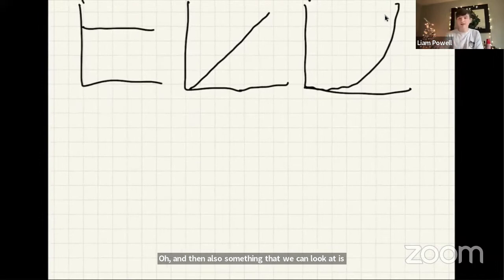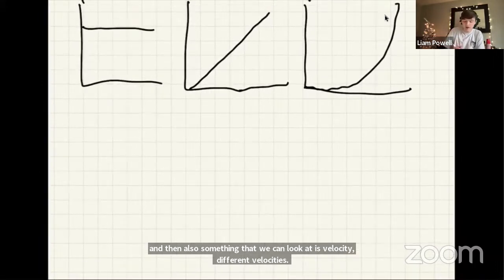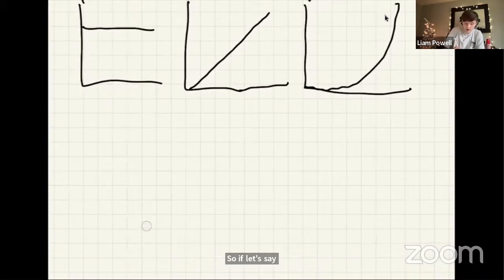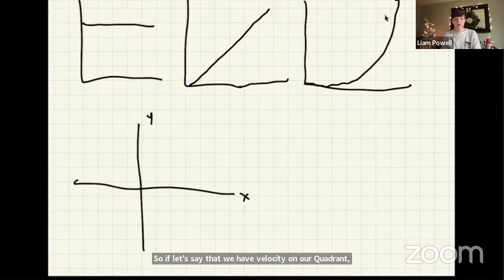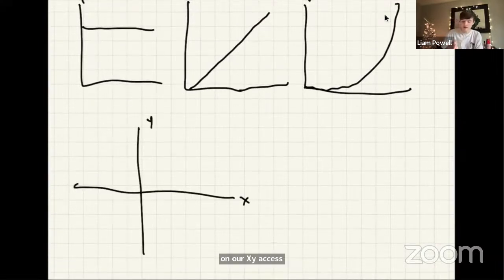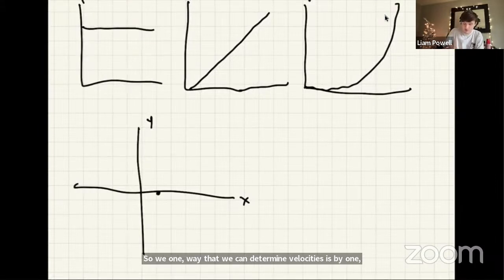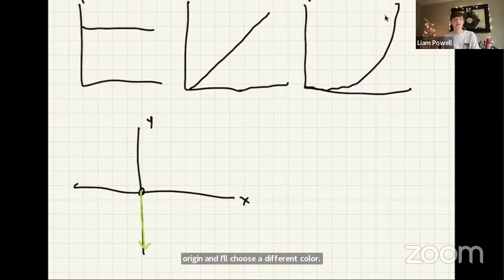So let's say that we have velocity on our XY axis. One way that we can determine velocities is by having, let's say, I'm going to make this from the origin, and I'll choose a different color. So velocity is a vector.